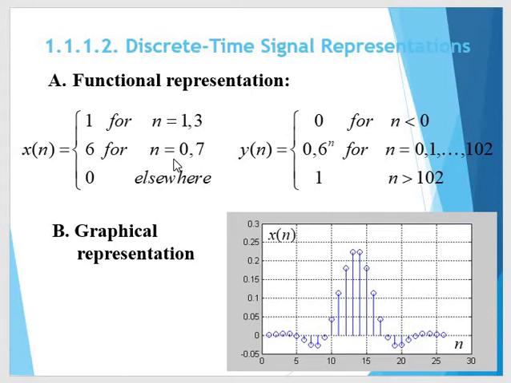When no sampling period is given, when no capital T is given, you take it as 1. In your previous class we solved the mathematics where the capital T was given as 0.2, that's why we took the signal at 0.2 spacing.